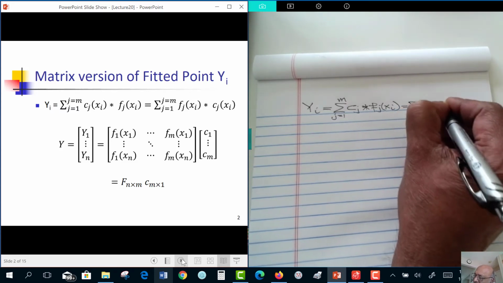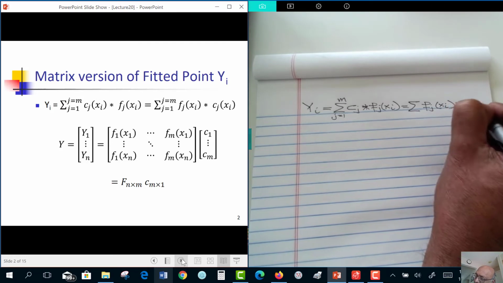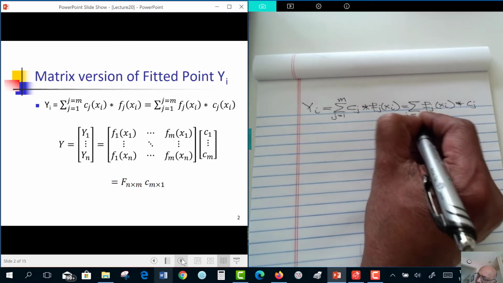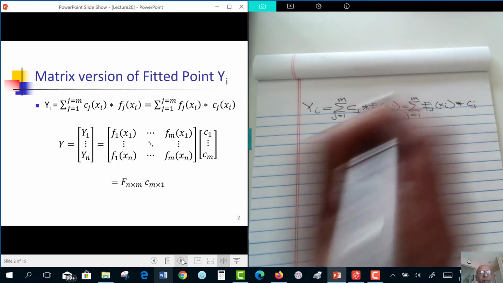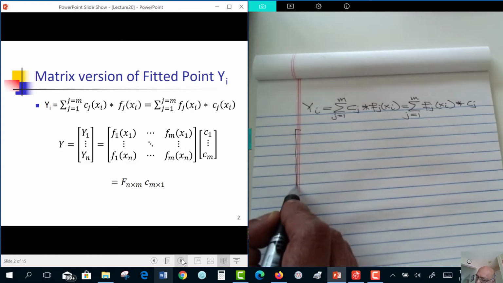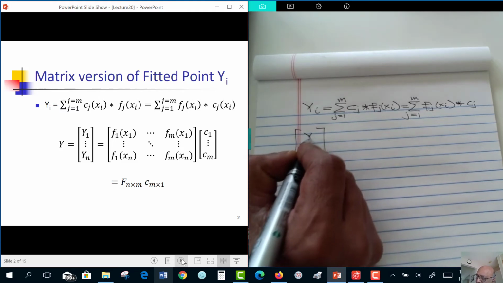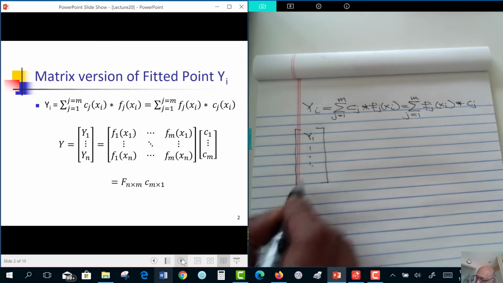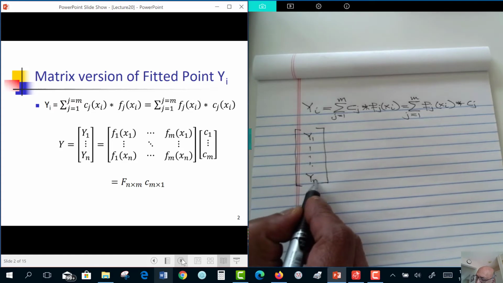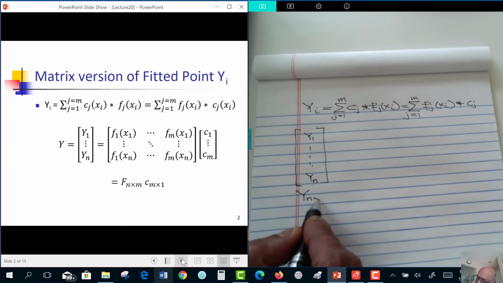Algebraically, we could write this down as fj of xi times cj, j from 1 to m. So this y, we can collect all of them and form a vector. We could call it y1, y2, y3, all the way to yn. So this matrix would be n by 1.